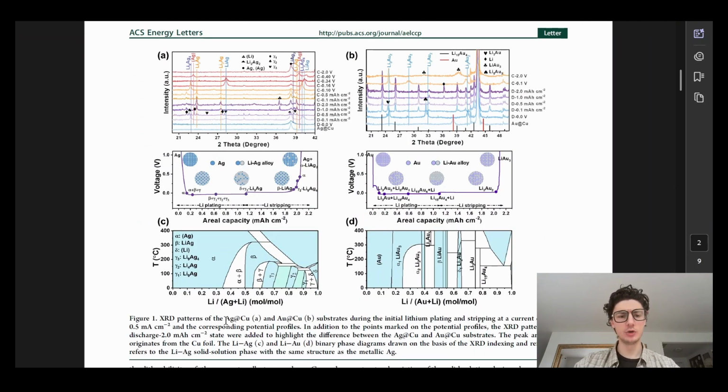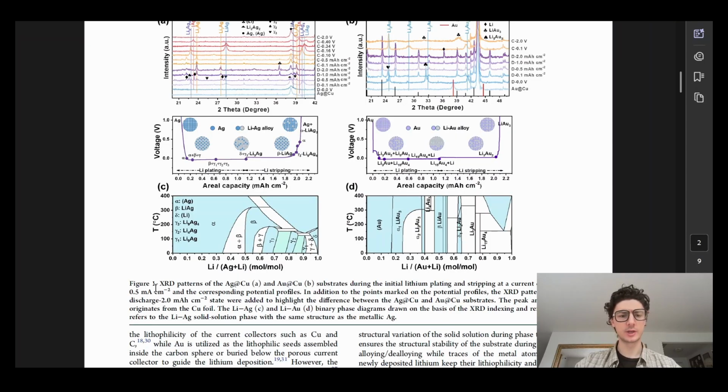So here we have a huge picture. Let's read what this picture says here. XRD, I think this is X-ray diffraction patterns of the silver at copper and gold at copper substrates during initial lithium plating and stripping at the current density of 0.5 milliamp per centimeter squared and the corresponding potential profiles.